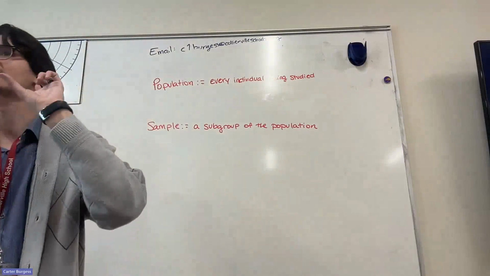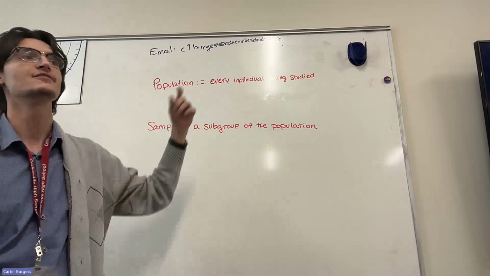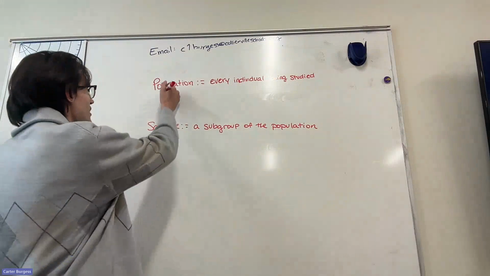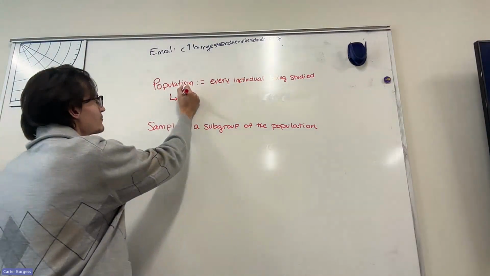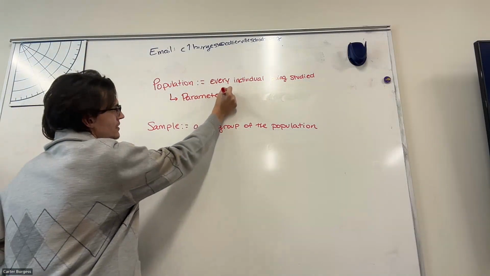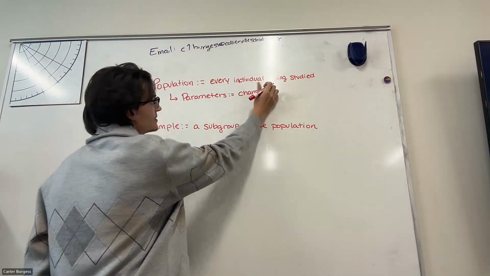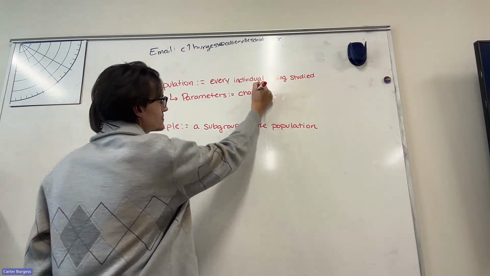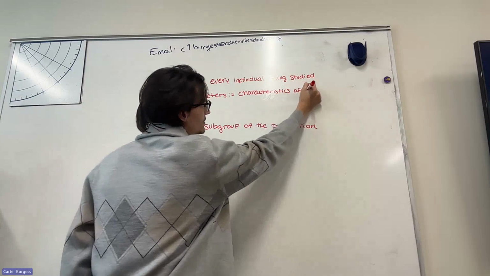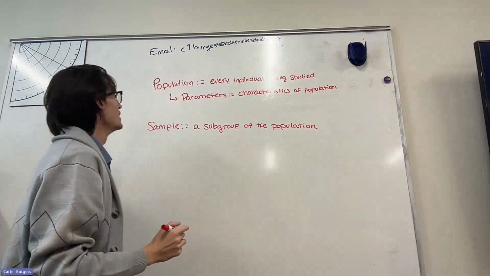To that end, we also have slightly different verbiage when we are referring to features of a population and features of a sample. When we are talking about populations, we have what are called population parameters, which I am going to describe as characteristics of the population. This is like a lot of population statistics.